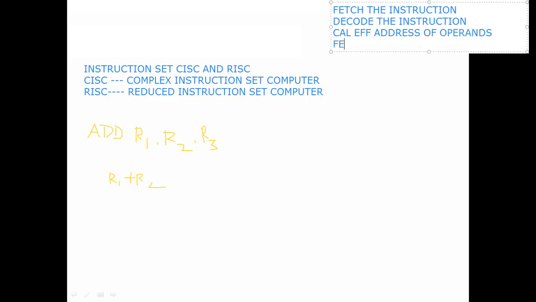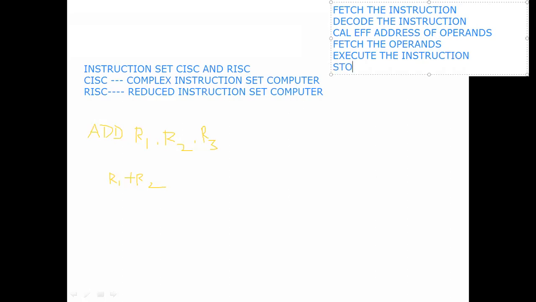Next, fetch the operands. Next, execute the instruction. We learned these steps earlier in the first factor, how performance is affected by the processor clock. After executing, we get the result. So the last step is store the result.